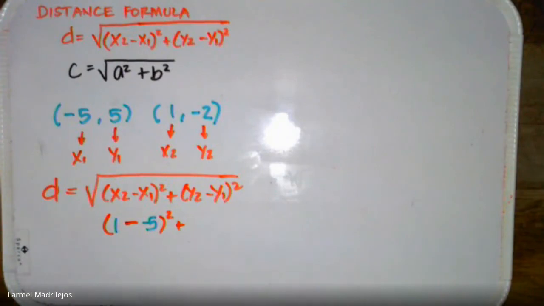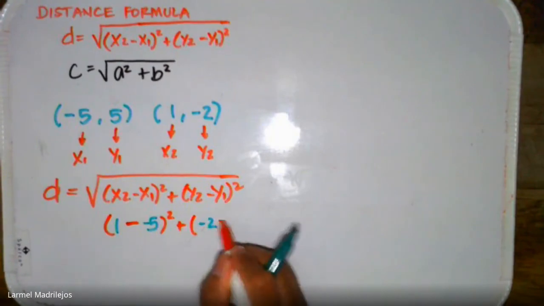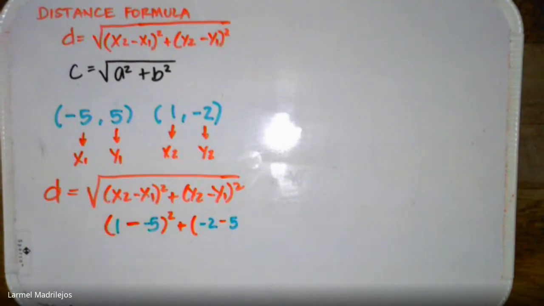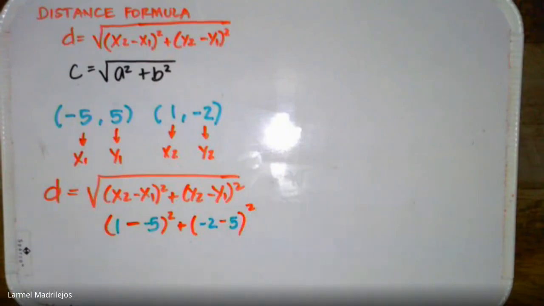Next, y sub 2 is going to be -2, minus y sub 1, which is +5. Like I said here, I didn't change the color of the formula. So you know that the sign of the integer is important.